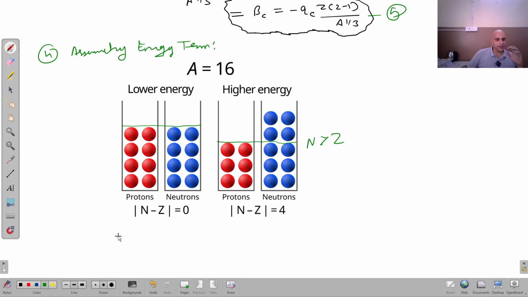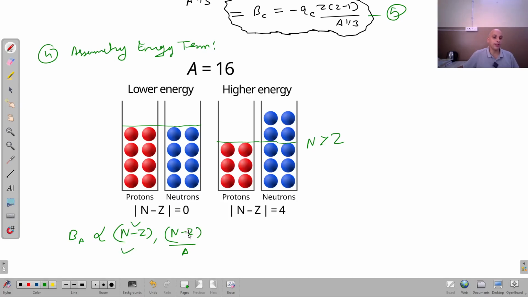Now this asymmetry energy depends upon 2 factors. We call it V asymmetry. It is directly proportional to one factor, that is the excess number of neutrons, and the second factor is that when we have an excess number of neutrons, they are also increasing the volume or size. So we will also take into consideration the fractional volume, N minus Z divided by A, in which these excess neutrons are present.